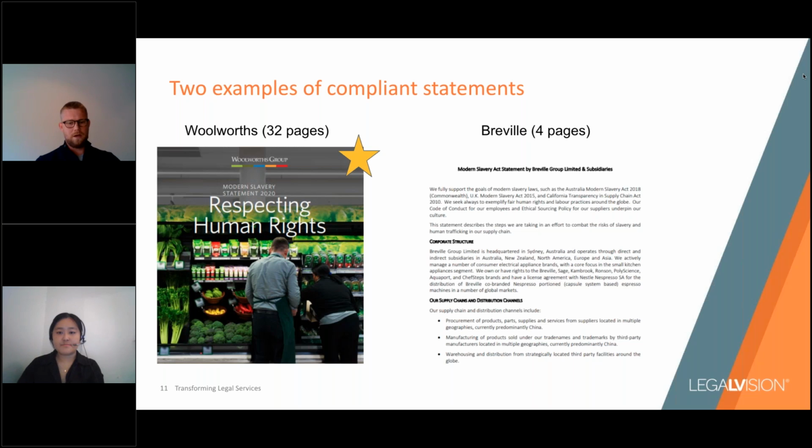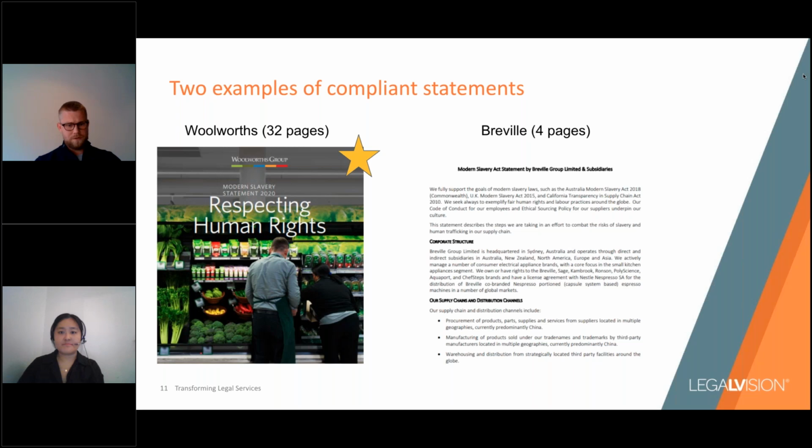By contrast, you've got Breville on the right there. Now, perfectly compliant statement, that needs to be really clear, that they've absolutely complied with the Act, and not really making any comment here on whether they're doing more or less than Woolworths in relation to modern slavery at all.